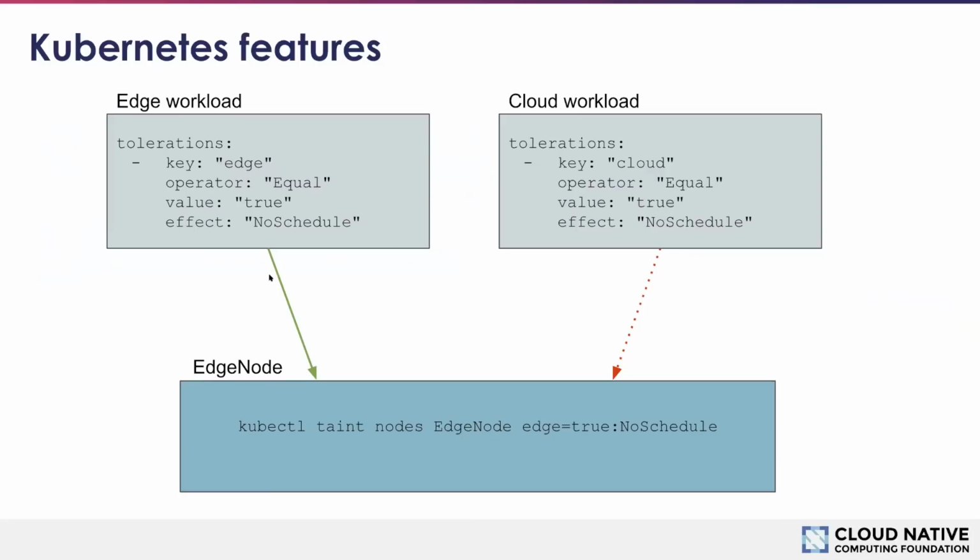When you start talking about edge computing and using Kubernetes in that space, some of those features become more important, and we'll talk a little bit more about those later on.